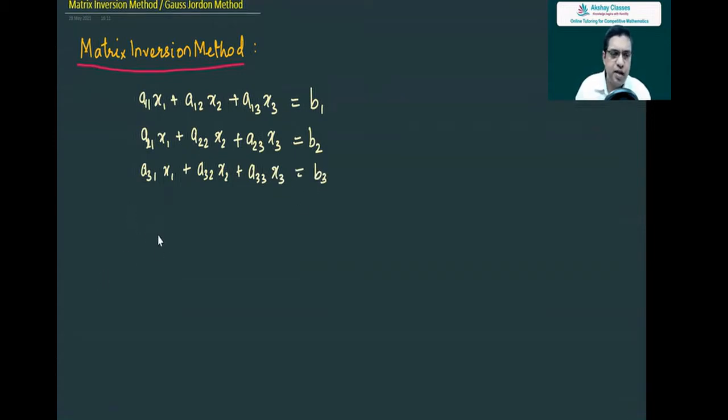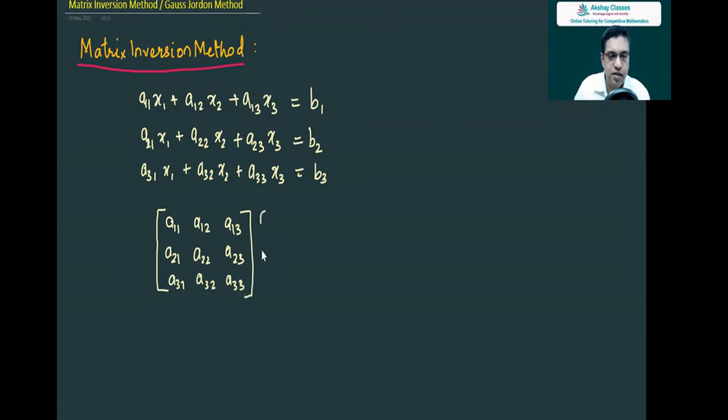Now this we write in matrix form as the matrix of the coefficients. So these are the coefficients of the unknowns.